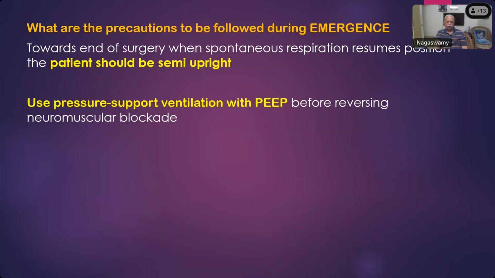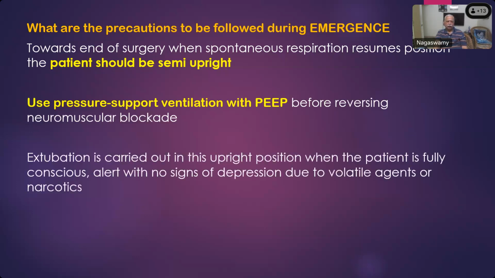Okay, when they spontaneously breathe, if your ventilator has got a pressure support mode, with PEEP you switch on to that. And extubation is carried out in the upright position, almost vertical, 90 degrees up. When the patient is fully conscious, alert with no signs of depression due to volatile agents or narcotics.